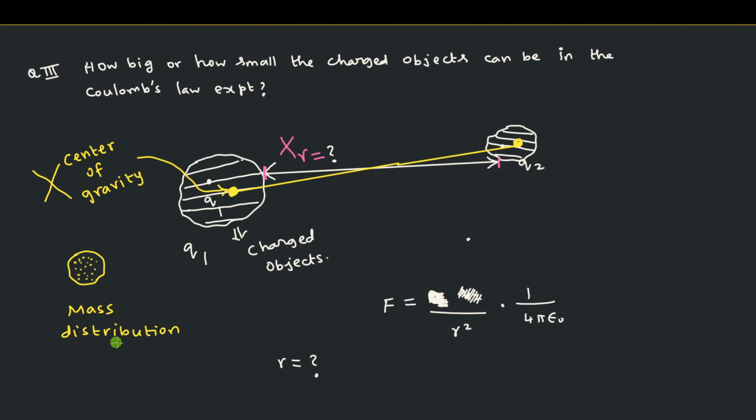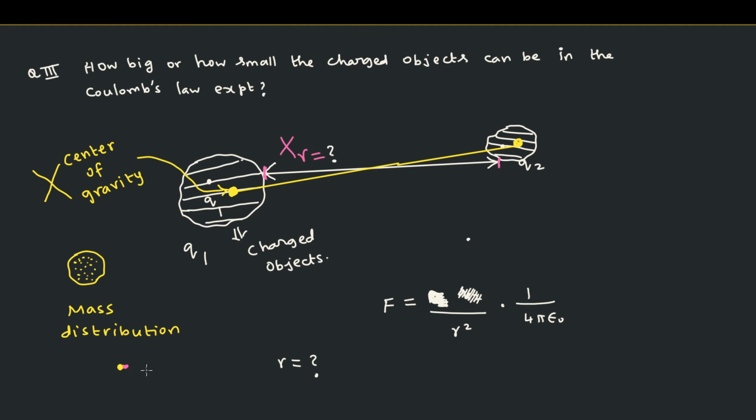Distribution means all the sand particles cannot stay at one place. If one sand particle is located here, the second can be located at least here. Suppose this is the first sand particle, this can be the second. I'll put the second sand particle in pink color, so you can see that would be the second particle.